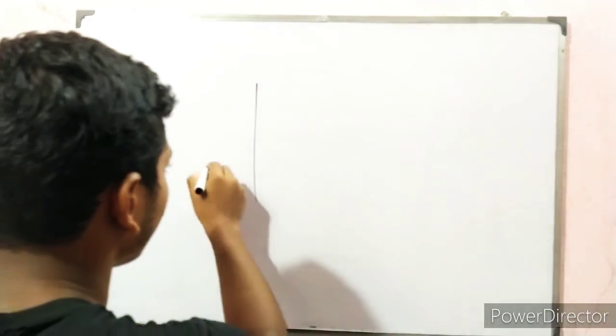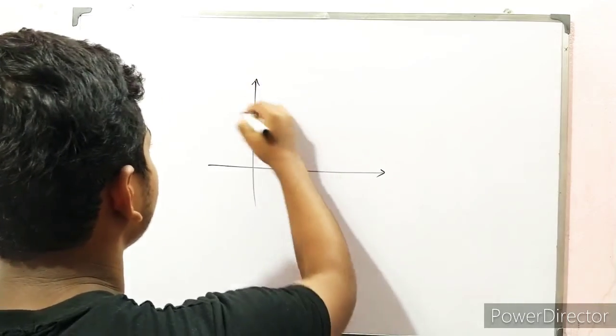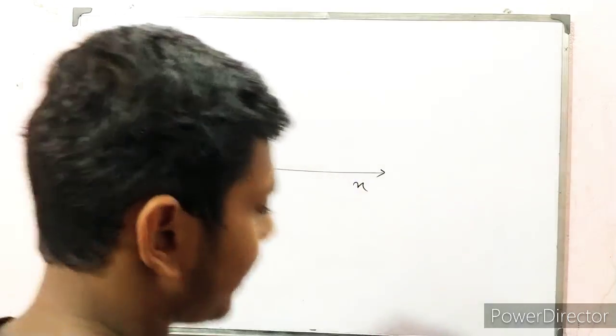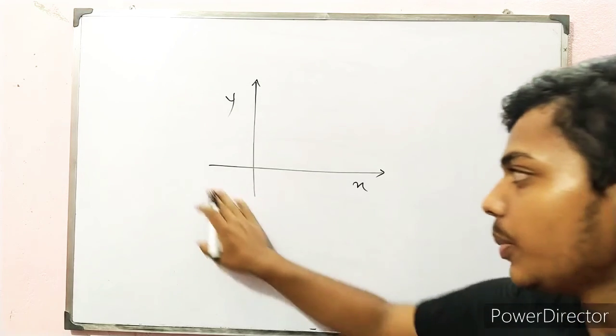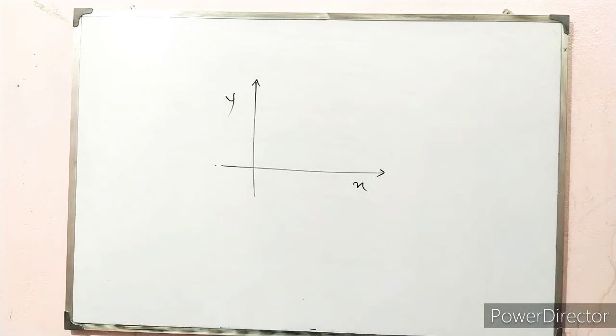And now these graphs are like this. This is the y-axis and that is the x-axis. That is a simple picture of a graph. Now, what is the derivation of equations of motion by graphs?